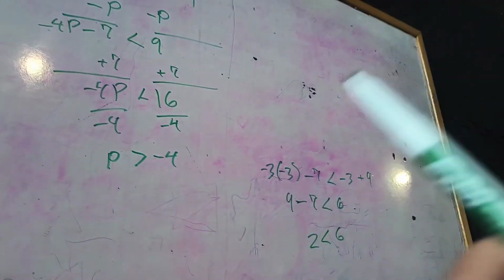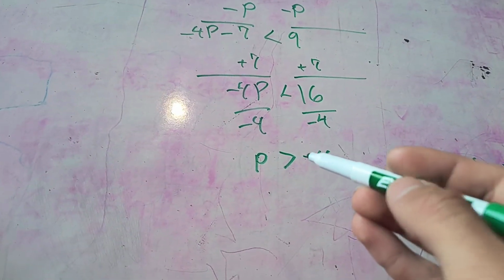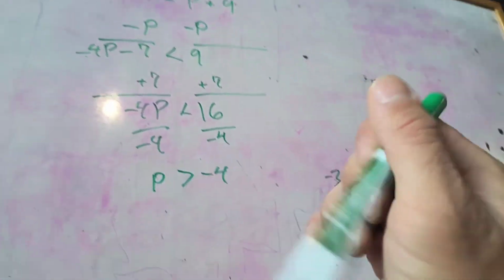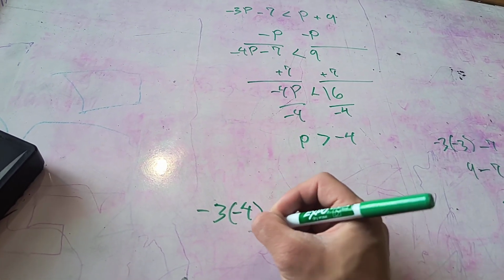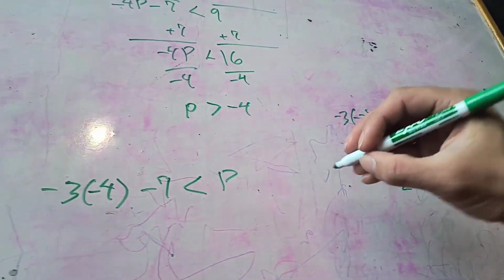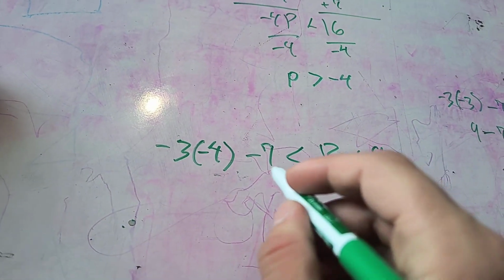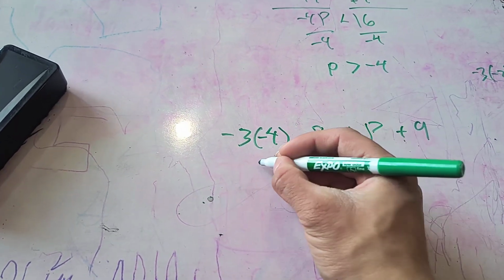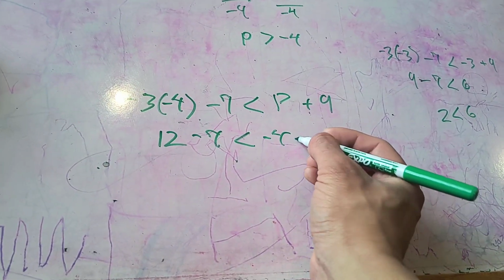Now, what if I were to choose negative 4 instead of negative 3? Well, remember this says it has to be greater than negative 4 for this statement to be true. So if I choose negative 4 and I say negative 3 times negative 4 minus 7 is less than p plus 9, negative 3 times negative 4 is 12. 12 minus 7 is less than negative 4 plus 9.